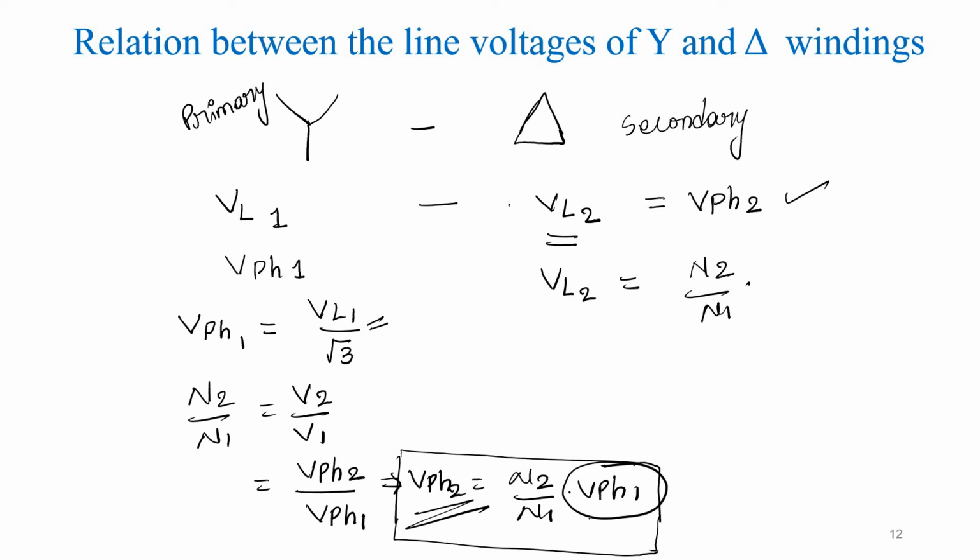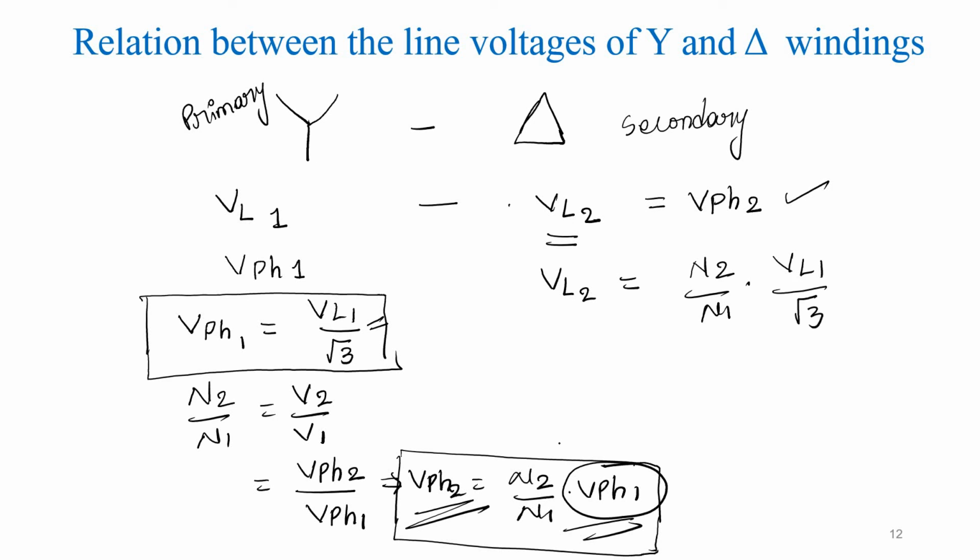What is the relation for V phase 1? We have got the relation V phase 1 is equal to VL1 by root 3. So let us substitute here. This will be VL1 by root 3. Now I want to represent the star connection in terms of the delta connection. So now I want to represent VL1 in terms of VL2.